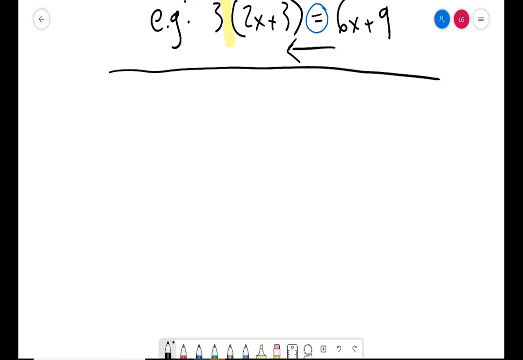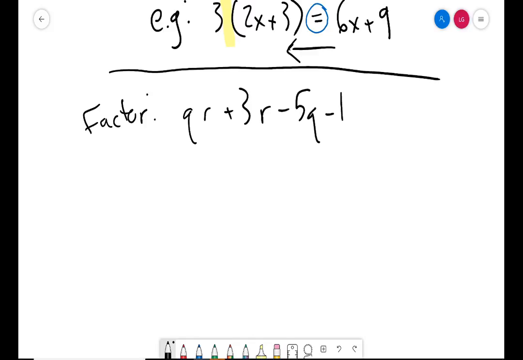So a couple more examples. Let's do one simpler and one more complicated. So here's one that, if you are following along, hopefully will work okay. You want to factor that. QR plus 3R minus 5Q minus 15.